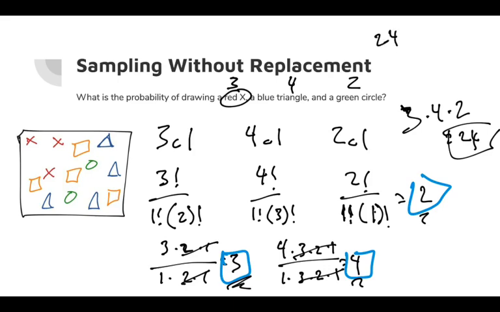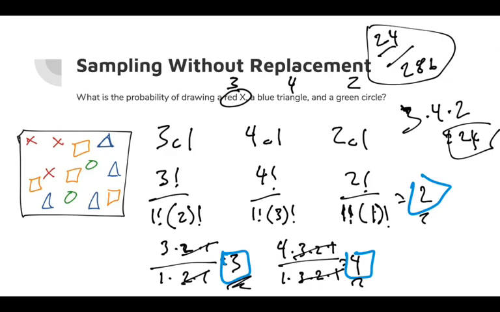So 24 combinations that work. And before I had, let's see, that was 13 times 12 times 11 divided by the 3 factorial, 286. So 24 out of 286.